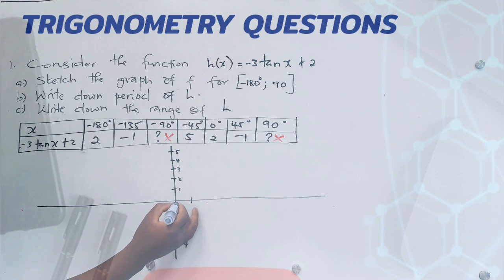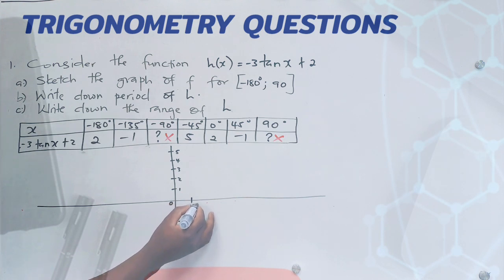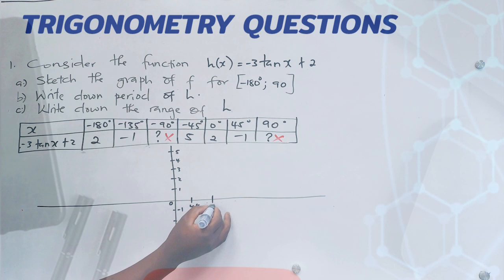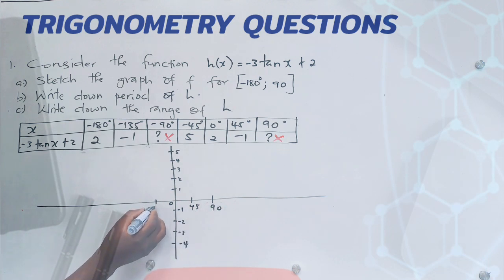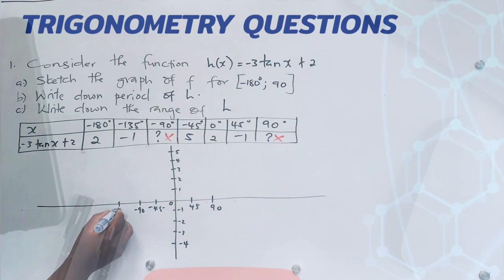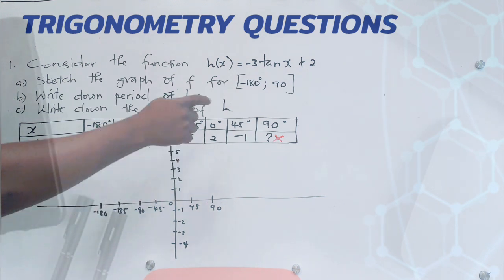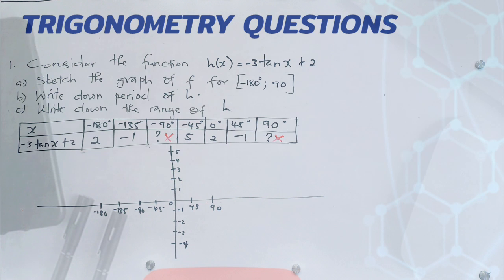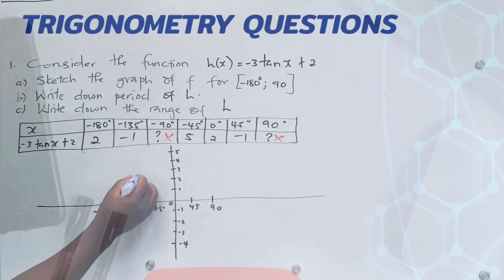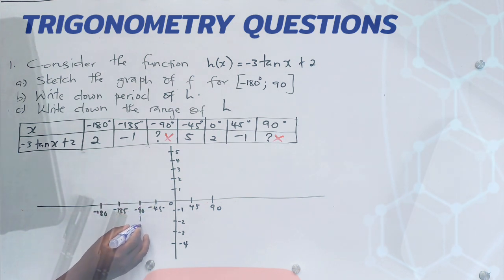Then we have 0 degrees, 45, 90. Then we have minus 45, minus 90, minus 135, minus 180. So we have the asymptote lines, which are x is equal to minus 90 and 90. So we mark the asymptote lines with dotted lines.